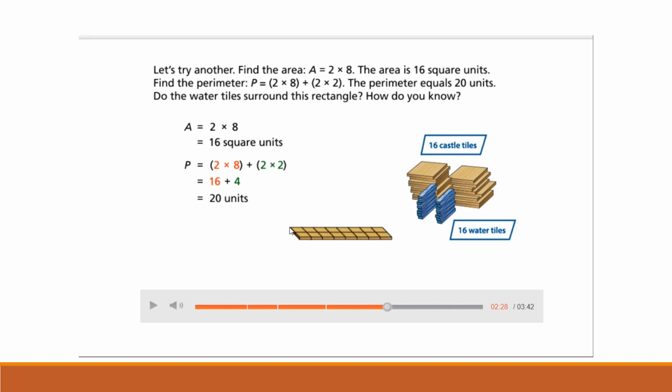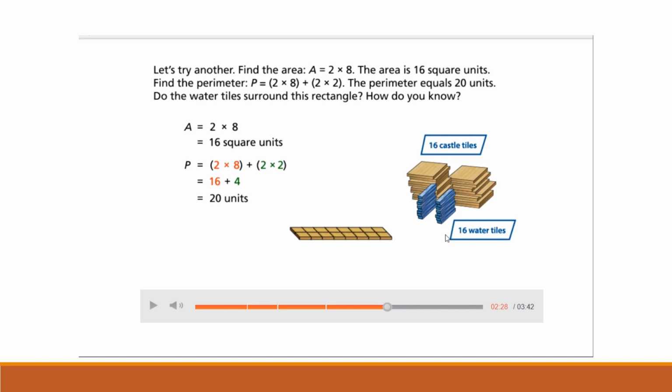So again, they're getting this 2 times 8 because there's 8 tiles across the top. So we're counting 8 and then another 8 across the bottom. That's 16. Then we have 2 on the right side and 2 on the left side. So 2 times 2 is 4. So the perimeter of a 2 by 8 array is 20 units.